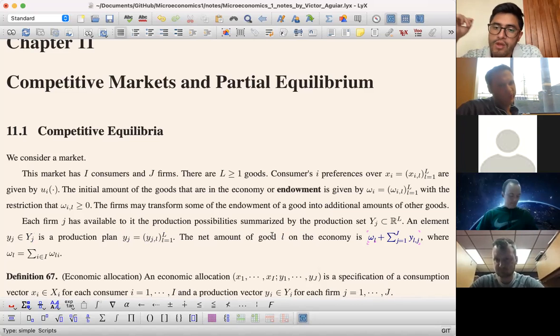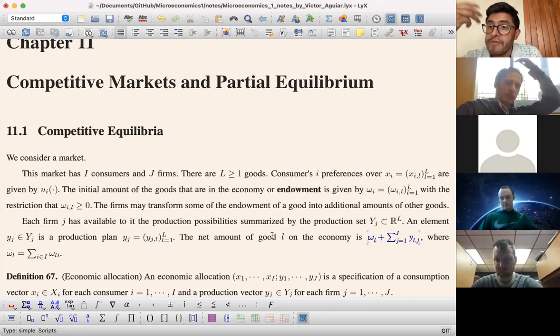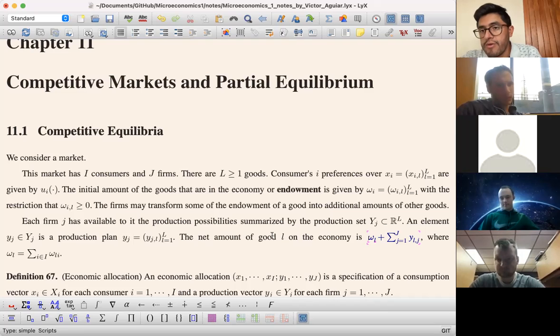To note, as you remember from the videos of the theory of the firm, when y is a negative value, it is the use of the good as an input, right? So that disappears from the economy, it is subtracted from the economy. Hence, it has a negative sign. If it is a positive sign, it is an output, right?